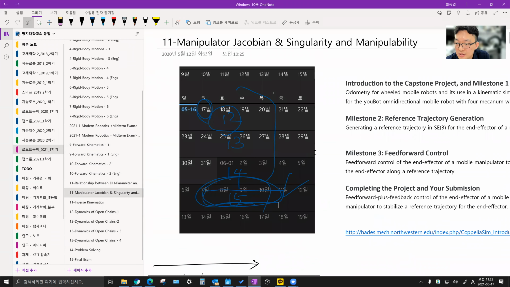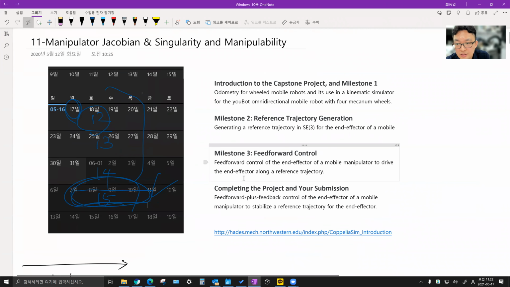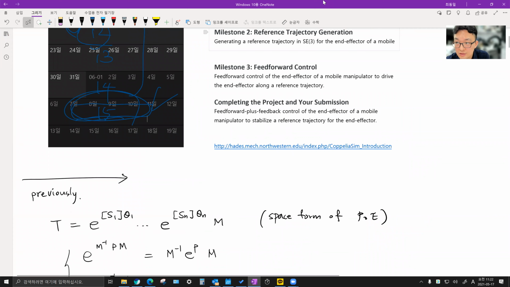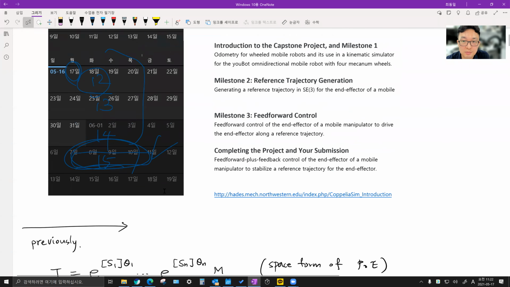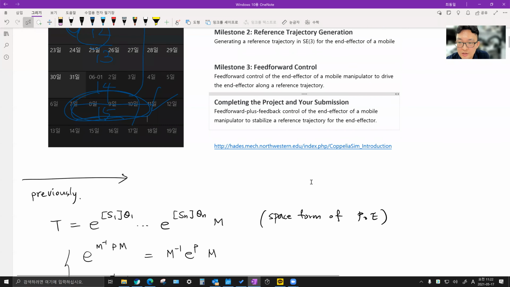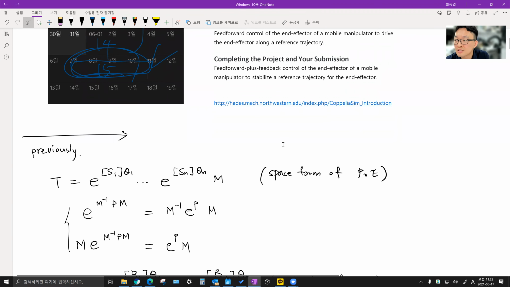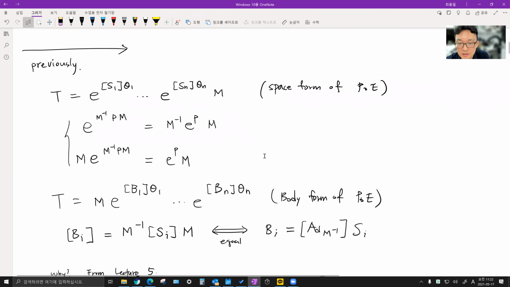In this week we will study the Jacobian. As I told you already, the Jacobian is about velocity kinematics. Kinematics is about position and orientation, but sometimes we want to know the velocity relationship between the space frame and the body frame.